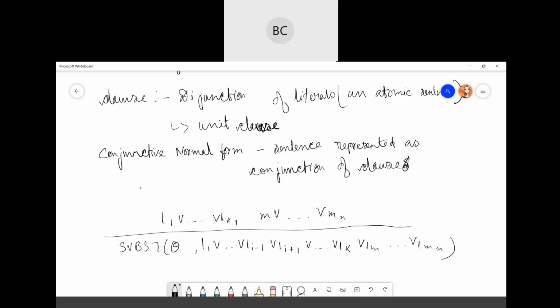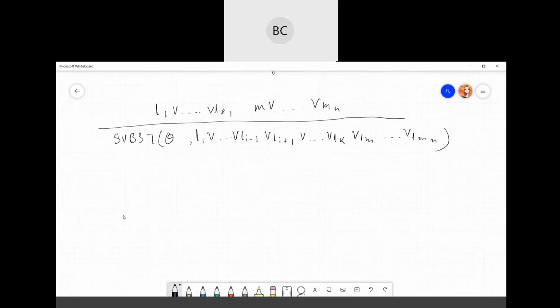Okay, for example, you can see Animal(g(x)) or Loves(f(x), x) is one sentence.